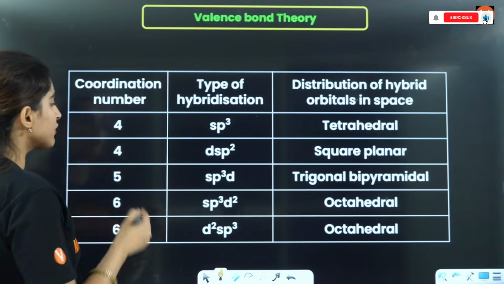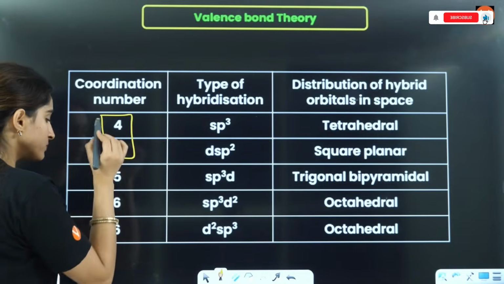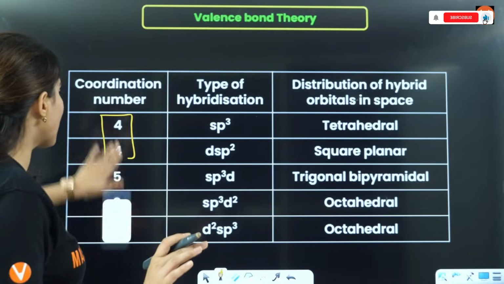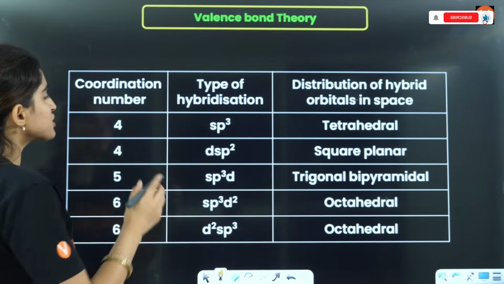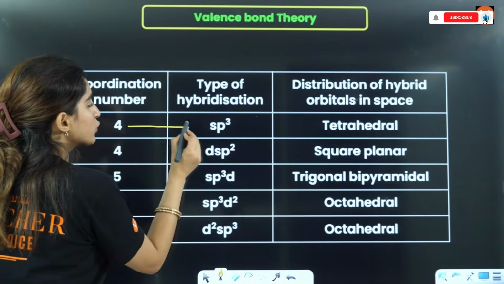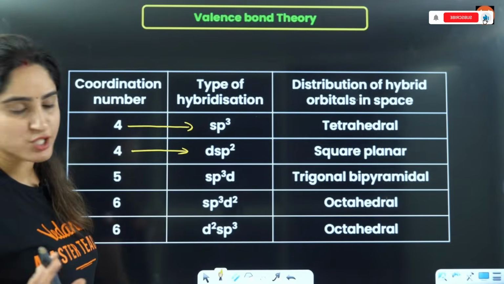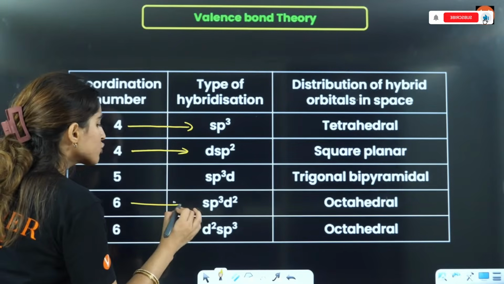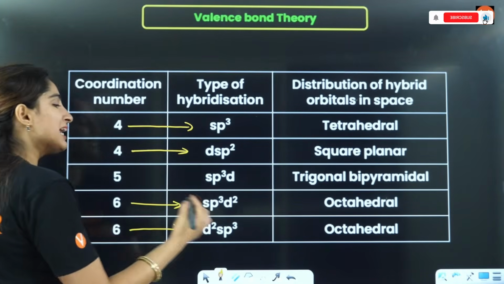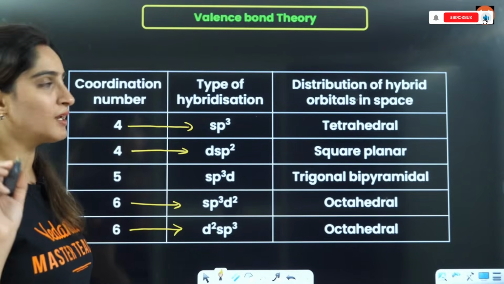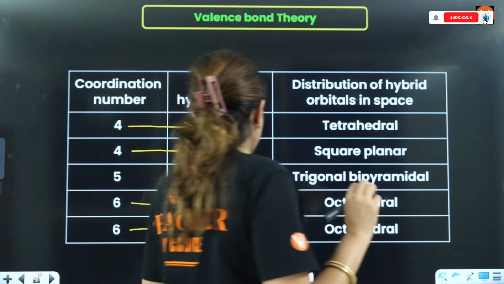Now, you have in your syllabus coordination number 4 and coordination number 6. Mostly they will ask you this only. Coordination number 4, there are two possibilities: either it can be sp3 or it can be dsp2. For coordination number 6, either it can be sp3d2 or it can be d2sp3. These are the possibilities here, right?